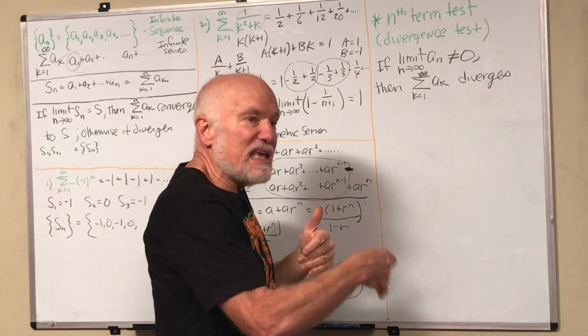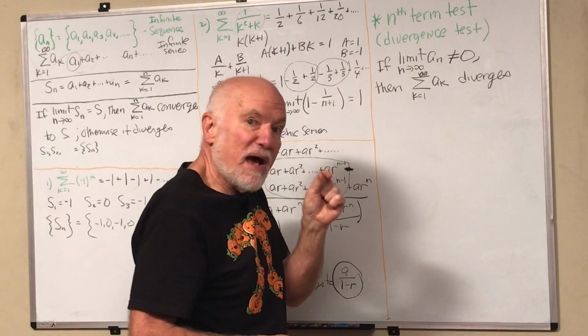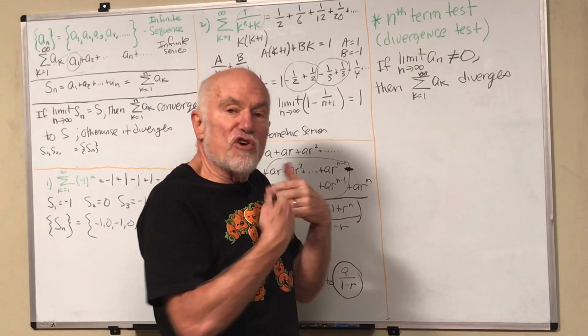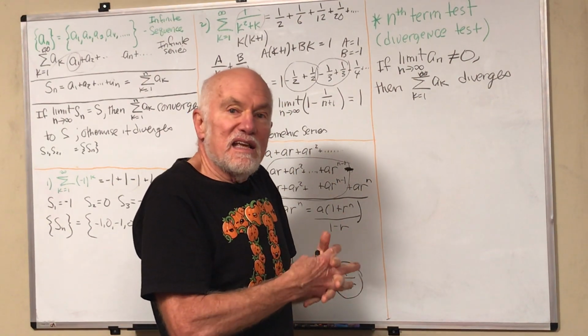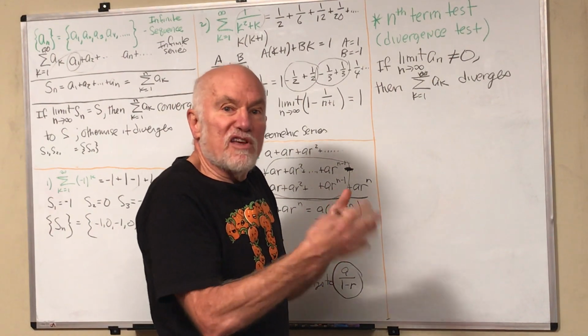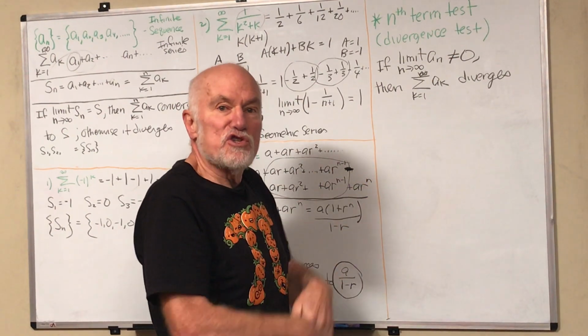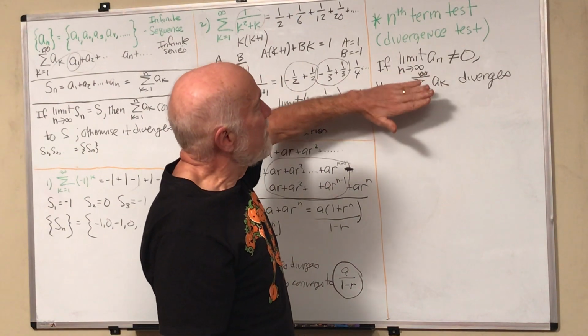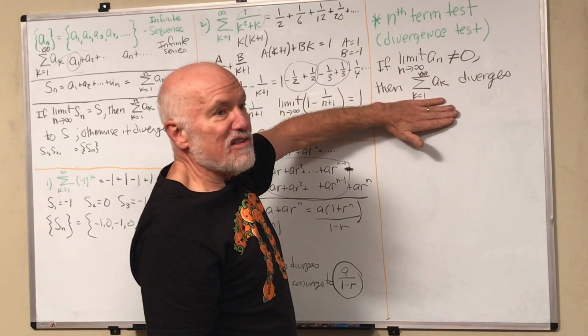So s sub n is going to keep getting bigger and bigger, even if it's by a small amount. Since you're going to infinity, it doesn't really matter. It's going to keep getting bigger. It's never going to converge to a number. So this theorem kind of makes a lot of sense.